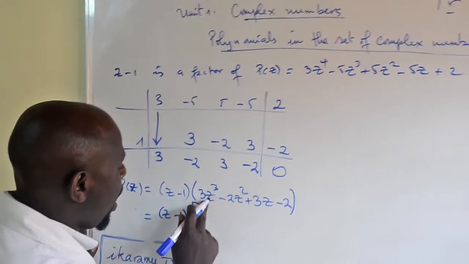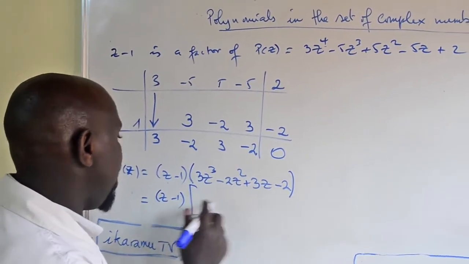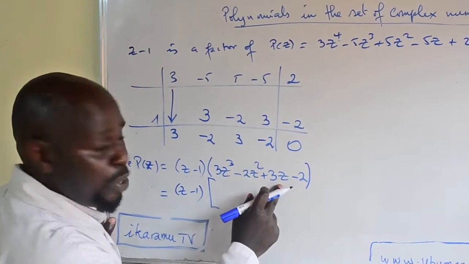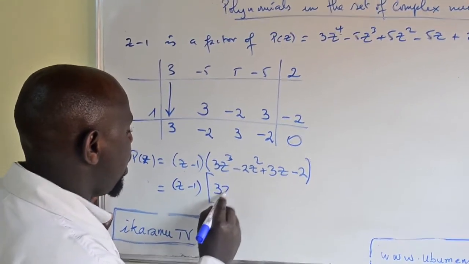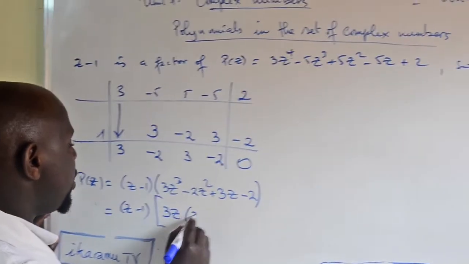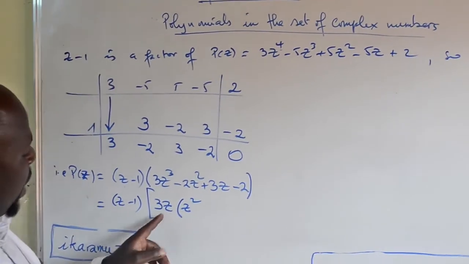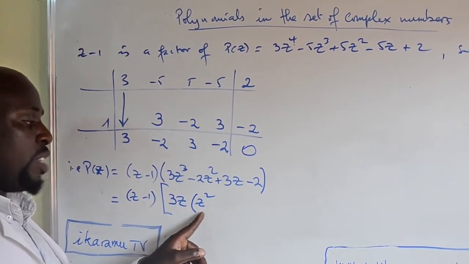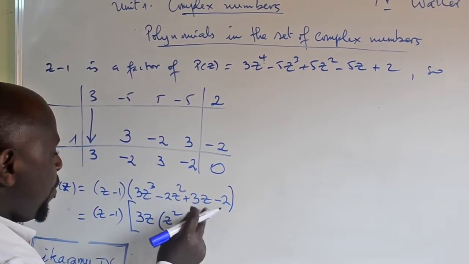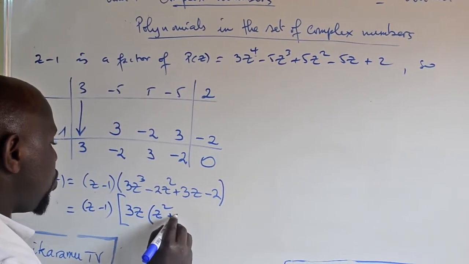You can see here we have 3Z cubed and 3Z here. They can have the same factor, which will be 3Z. If I put 3Z out, the remainder here will be, ladies and gentlemen, Z squared, because if I multiply by 3Z, I will get 3Z cubed. And then with here, I will now get plus 1.